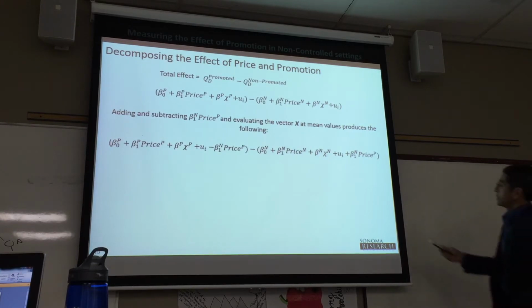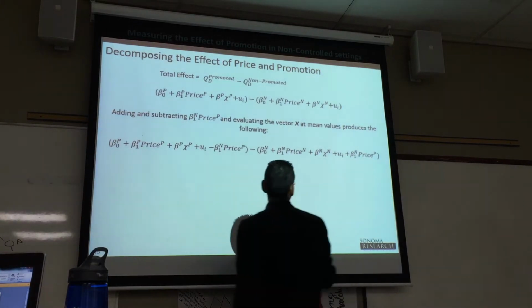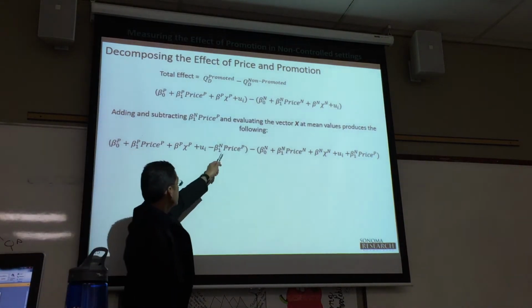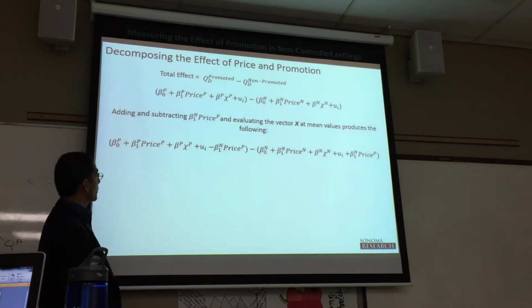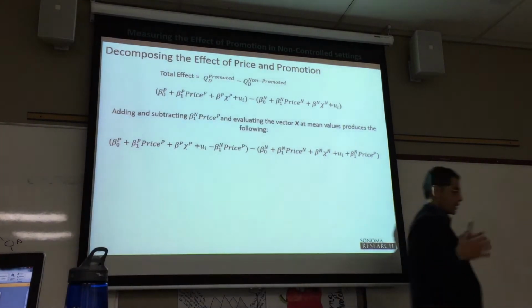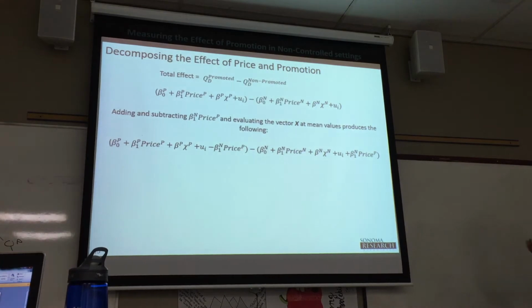So there is non-promoted demand evaluated at promoted price, subtracted and added. So in essence, I can add and subtract anything, and the net result is what? Zero. But for this, I'm going to leave it in there.